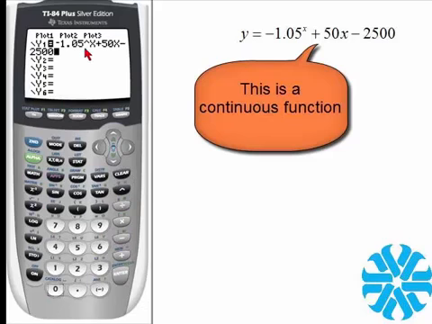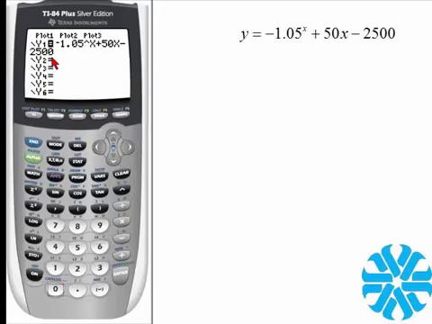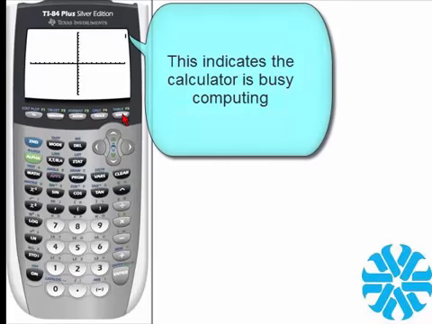Okay, now this particular function here is not something that should be familiar to you. It's not a linear function. It's not a quadratic or a cubic or an absolute value or a root function. This is sort of unknown. So let's just see what happens when we hit graph. If we can get some kind of an idea.